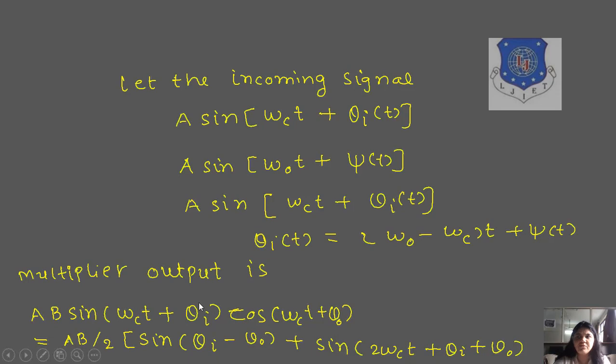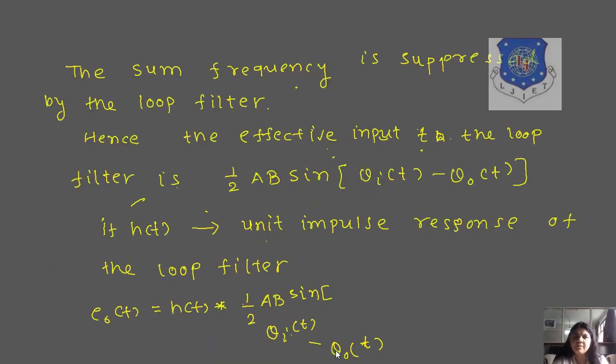By applying the 2 sin cos formula, it is equal to AB/2 [sin(theta_i minus theta_0) plus sin(2 omega_c t + theta_i + theta_0)].